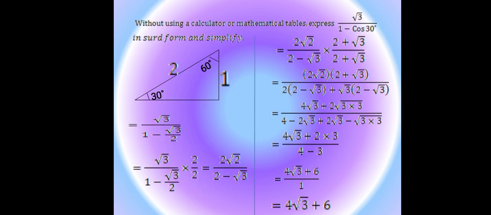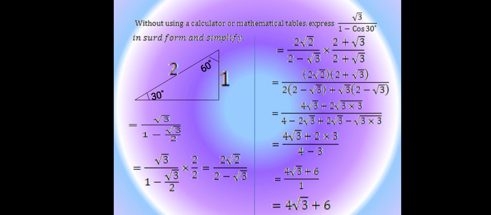Without using a calculator or mathematical tables, express the square root of 3 all over 1 minus cos 30 in surd form and simplify. First, we need to appreciate this by drawing a right angle triangle where 2 will represent the hypotenuse and 1 will represent the adjacent side.